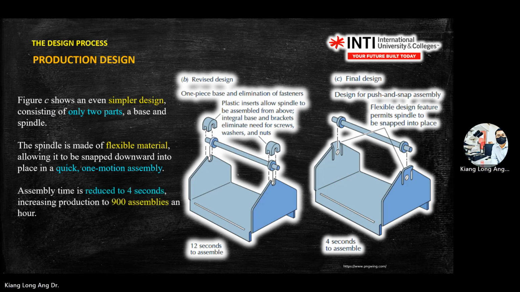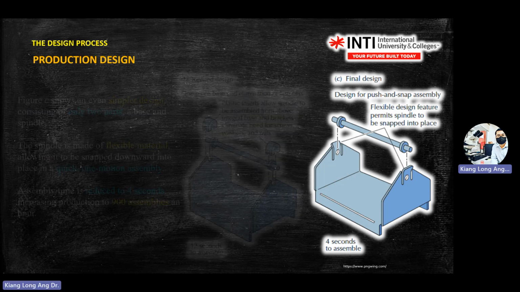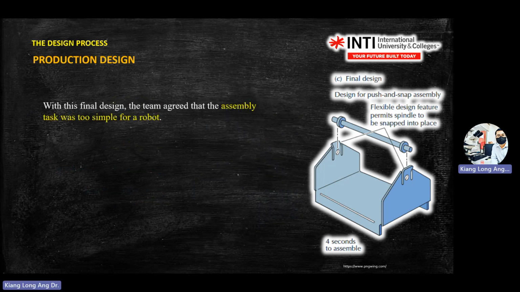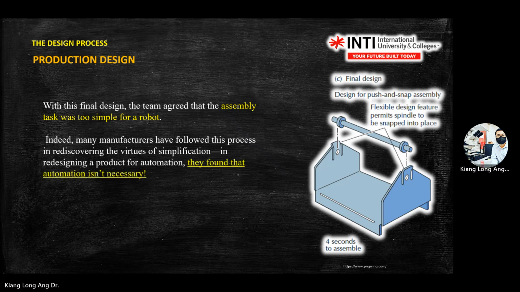And they can do 900 assemblies in 1 hour, from 48 into 900, quite a lot. The good thing is that earlier they wanted to use robotic arms, but at the end it's too simple. They decided there is no need for robots, no need for automation at all for this design.